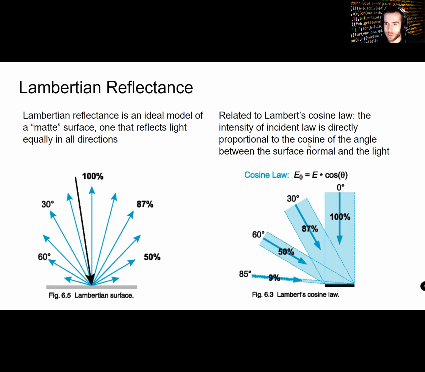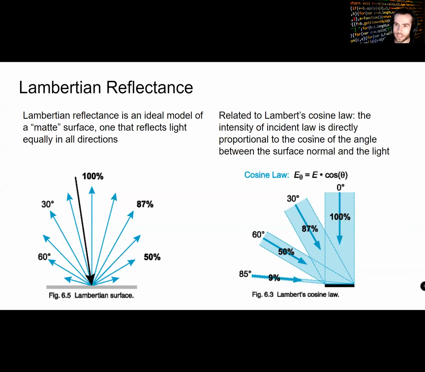It derives from Lambert's cosine law, which is why it gets colder in winter. If you ever wondered, it's not because the Earth's further from the sun. It's actually because the northern hemisphere is tilted away from the sun, so that the surface area that the sunlight hits is lessened.